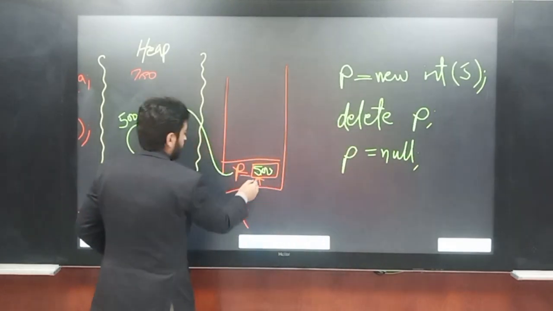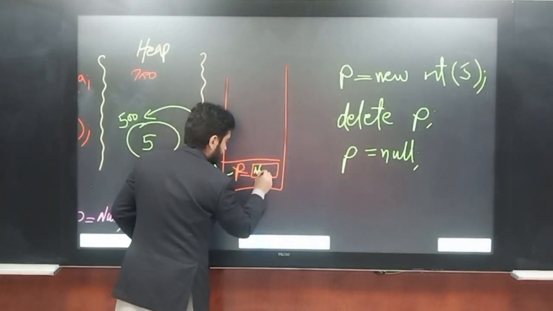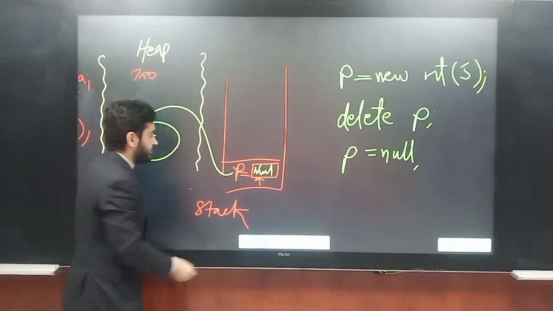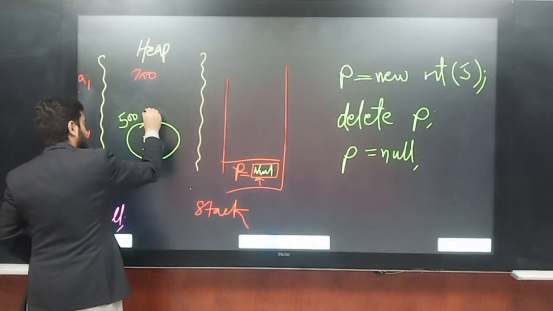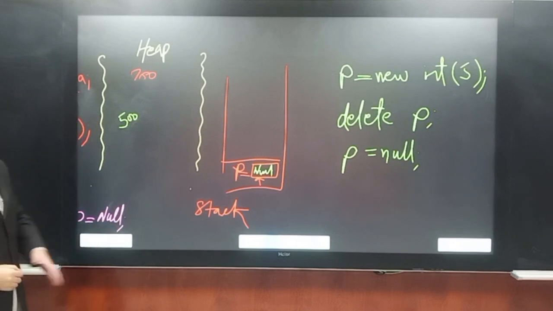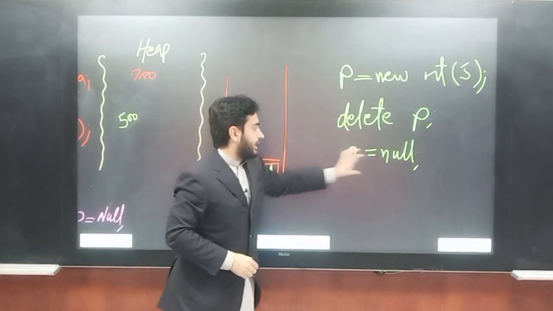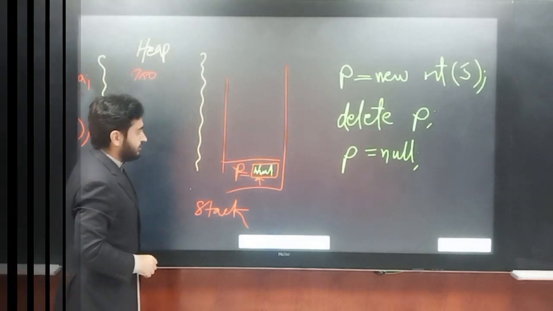In this way you are going to change the value of P. So you are delinking while you are also deleting the object, using the delete operation and assigning the null value.